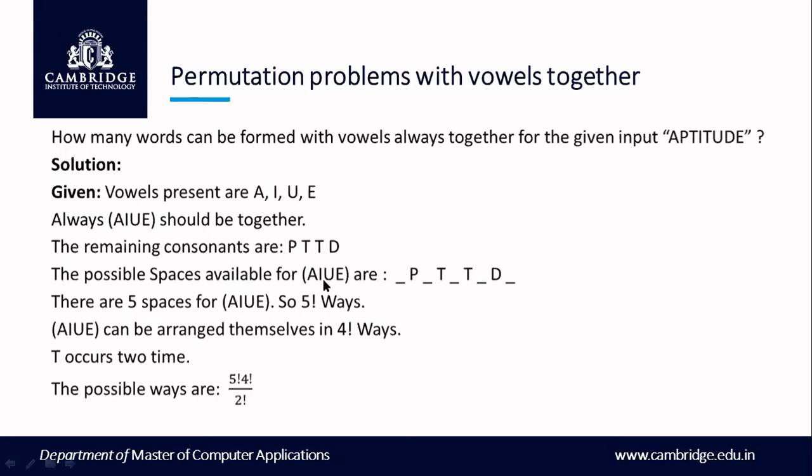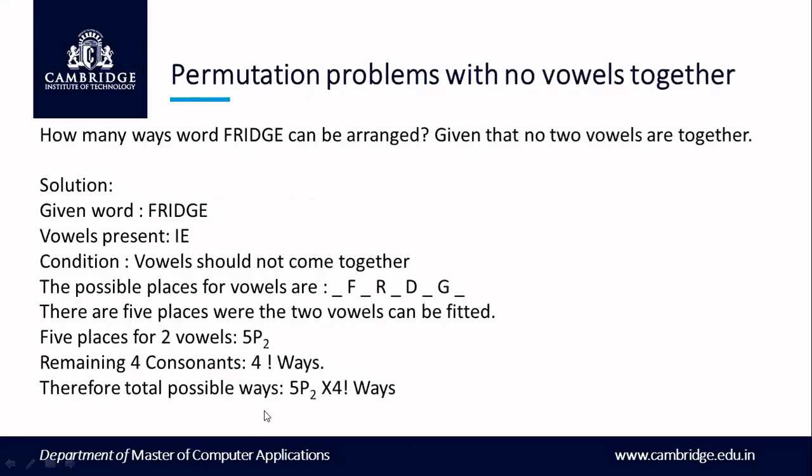But A, I, U, E among themselves can be arranged in 4 factorial ways. Here in PTTD, the T occurs 2 times. So the total possible ways is 5 factorial into 4 factorial by 2 factorial.